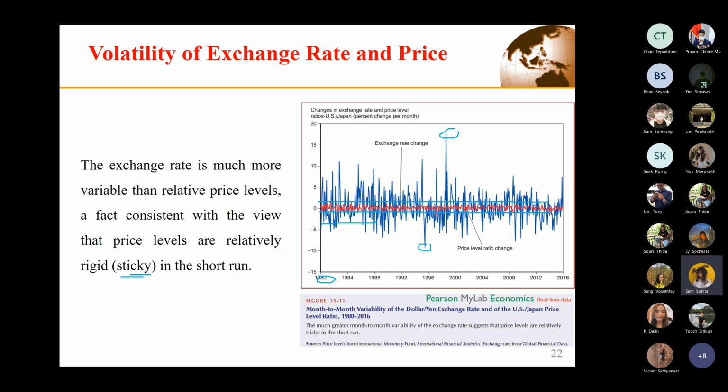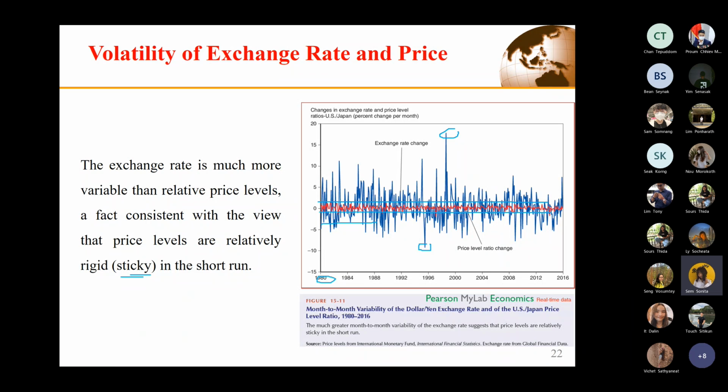Are you asking what happens when a country has inflation, and would it have an impact on economic growth, or is that your question?